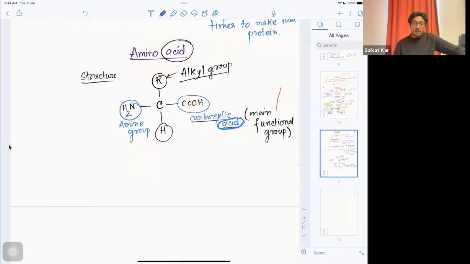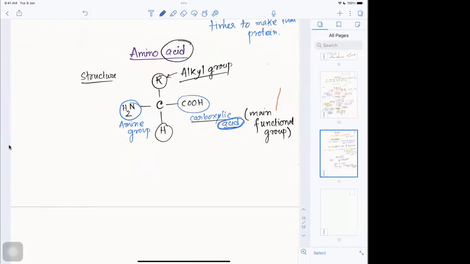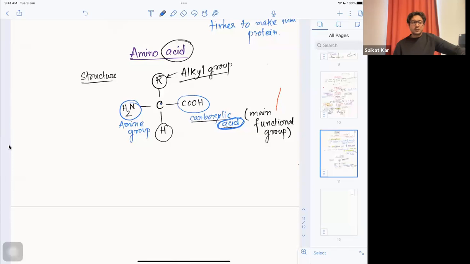Sir, why can't we substitute alkenyl or alkynyl groups in place of R? Yeah, we can substitute. We can add anything here.